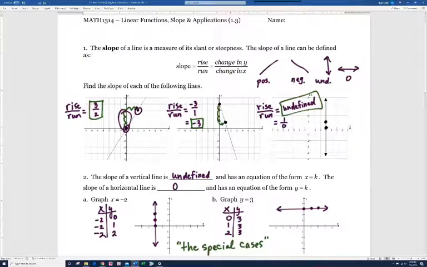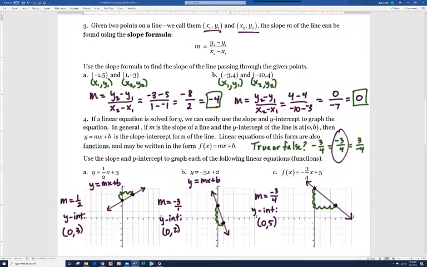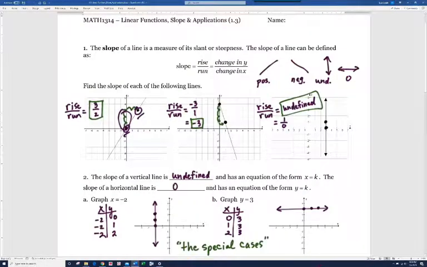And for the run, that was the change in x, or x sub 2 minus x sub 1. You can get that using your points by just subtracting the x values of these 2 points. All right, so that's what's going on here. Let's go ahead and go back to where we were.